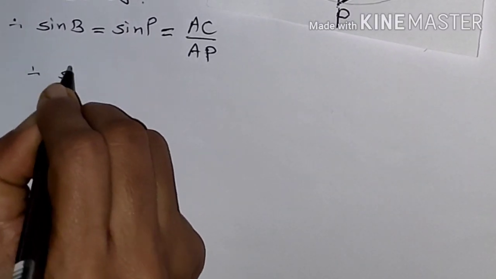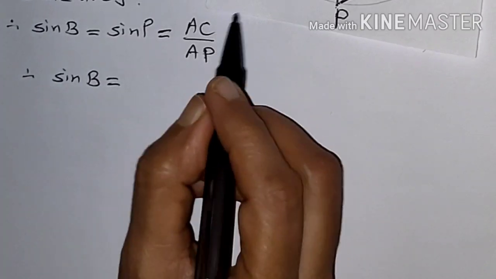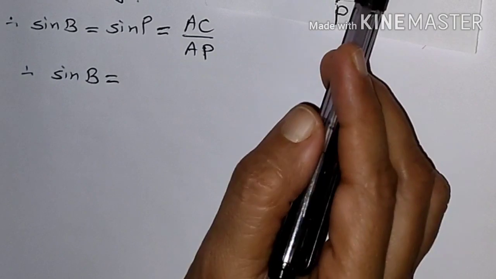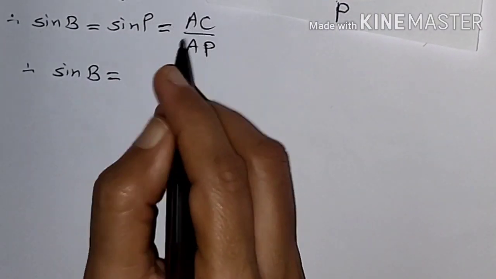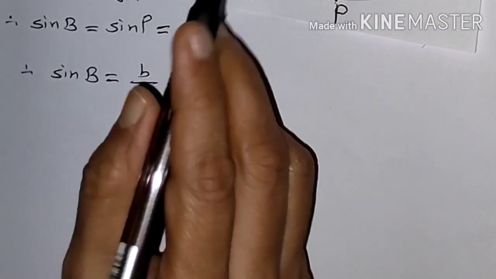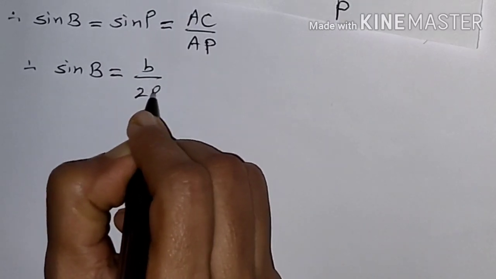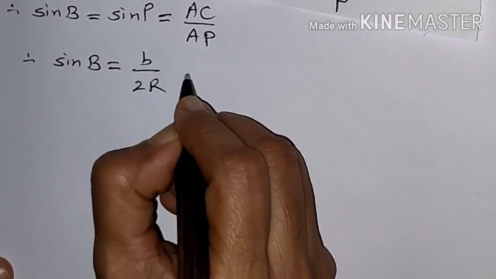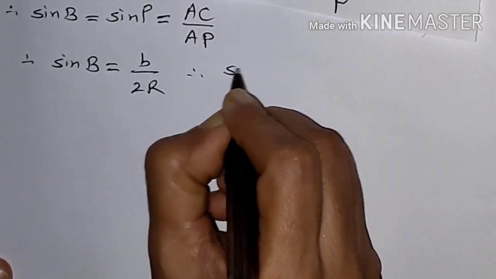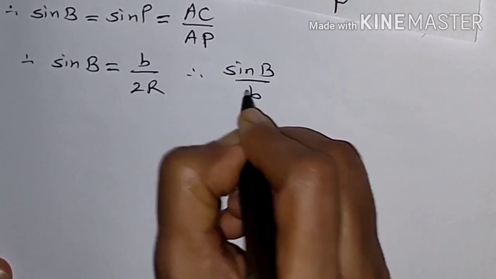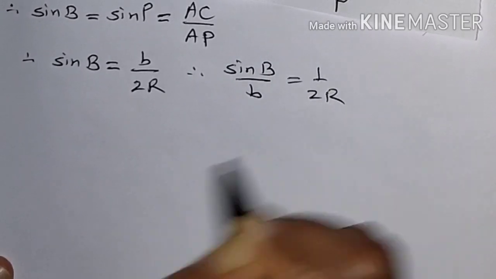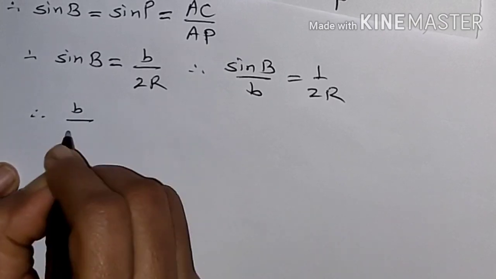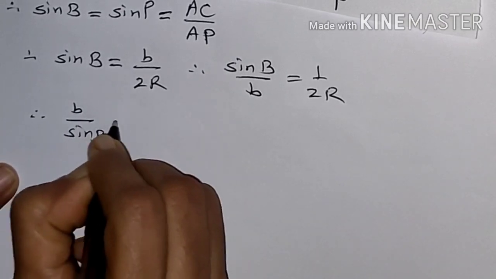Therefore, sin B is equal to AC, the side opposite to B, which we have denoted by b, so b upon AP. AP is the diameter, that is 2R. So sin B is equal to b upon 2R. Therefore, b upon sin B is equal to 2R.